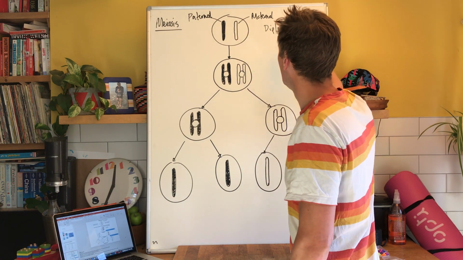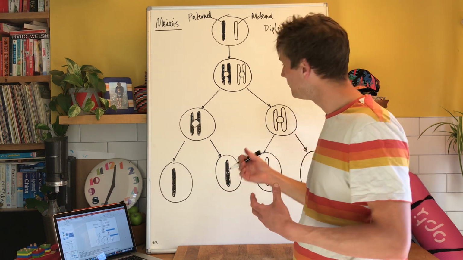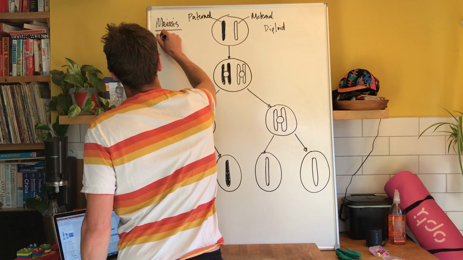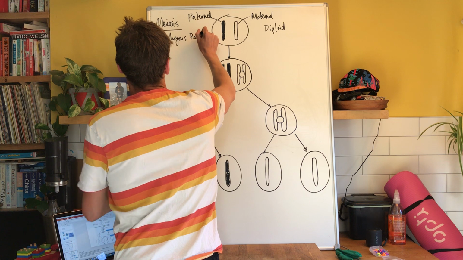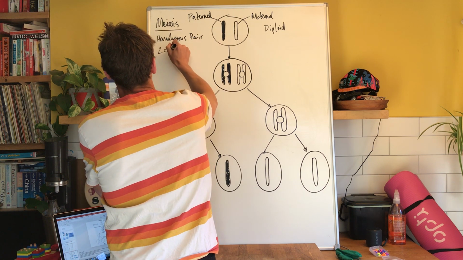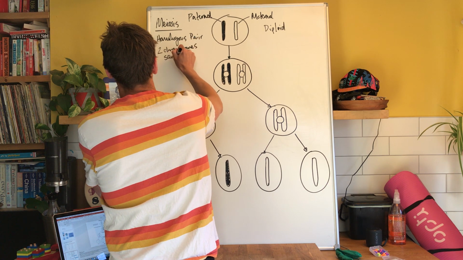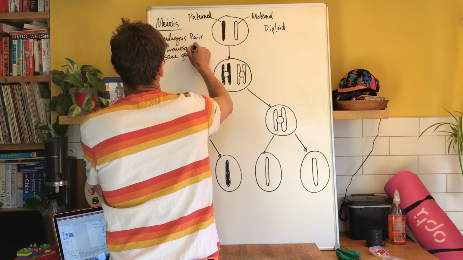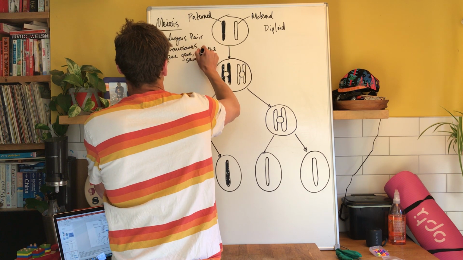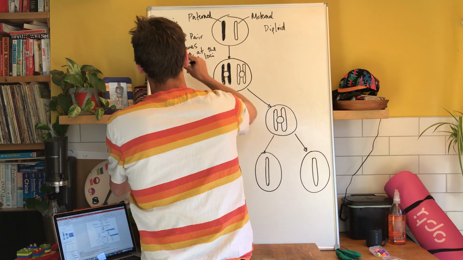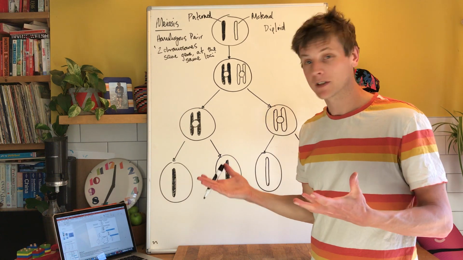If we remember that homologous chromosomes are, or a homologous pair, are two chromosomes with the same genes at the same loci. Okay, so homologous pair, two chromosomes.